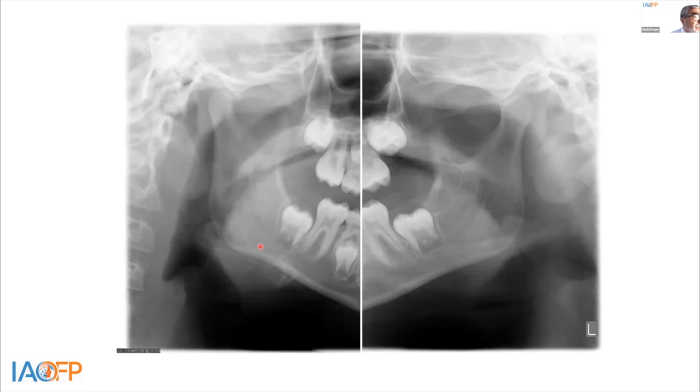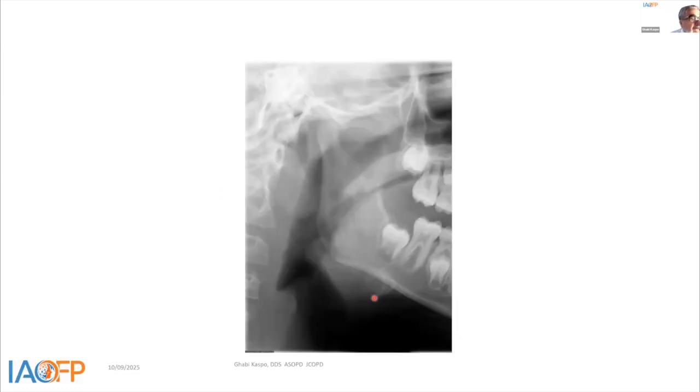On the right side, there are some problems here, if you look at the border of the ramus, this area where I'm looking. Again, look here, this area. That made me suspicious to do CBCT.